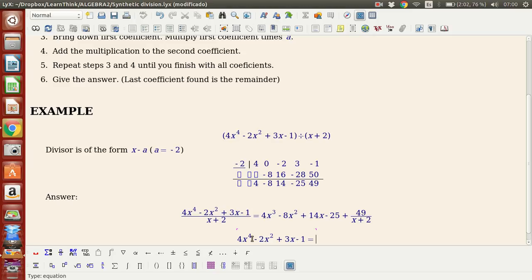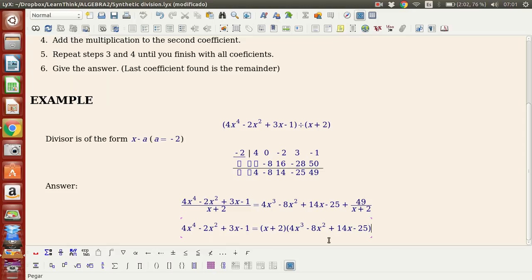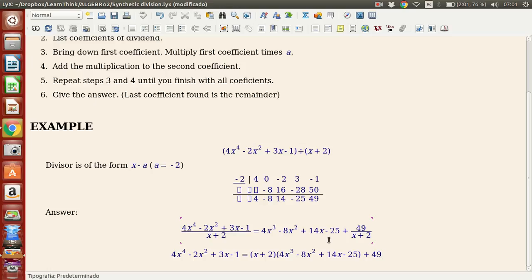So 4x to the 4th power minus 2x squared plus 3x minus 1 equals the divisor x plus 2, times the quotient 4x to the 3rd power minus 8x squared plus 14x minus 25, plus 49. This is how you can write the answer using synthetic division, and this is how you apply synthetic division. Thanks for watching. See you.